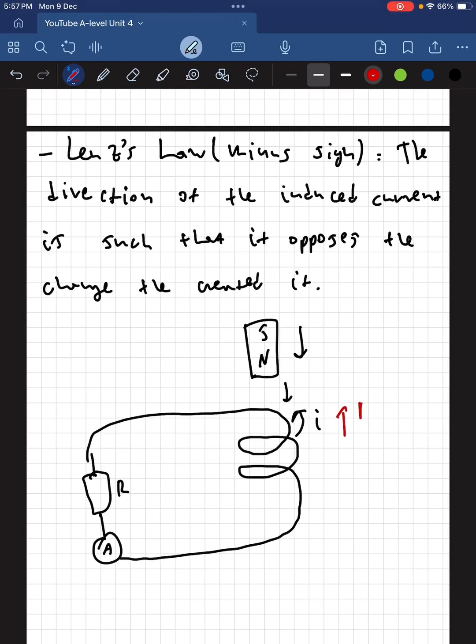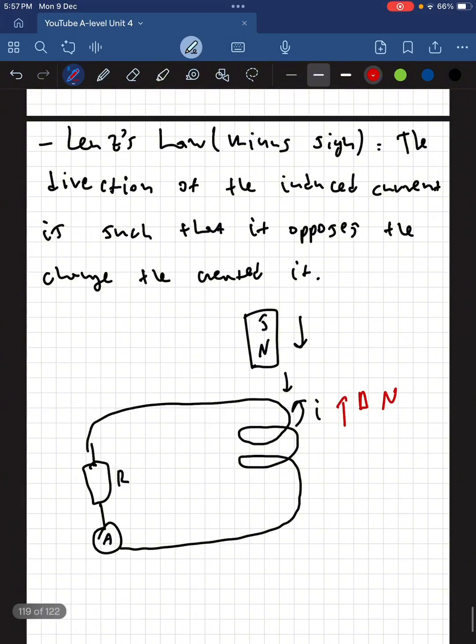So B is gonna be like that, therefore the north pole, by the way, the arrow in the direction of B points towards the north pole. So a north pole will be generated here to oppose this north pole of the magnet, and a south pole will be generated there.